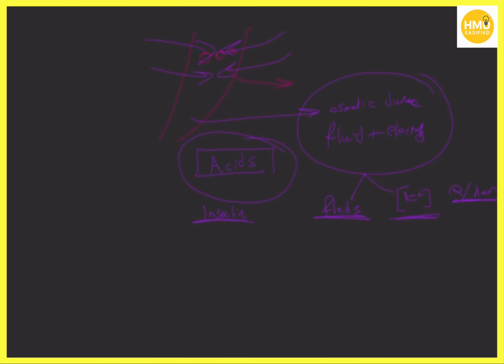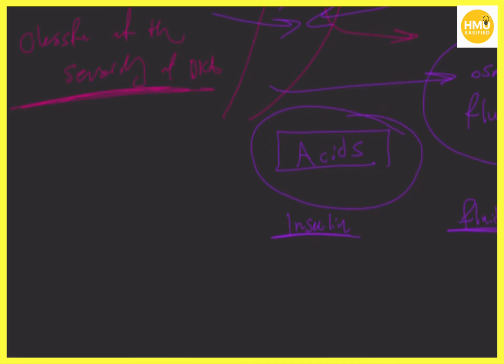Now, before we talk about each individually, something you need to know is the classification of the severity of DKA. If we say this patient has mild DKA, look at the pH and also the HCO3.